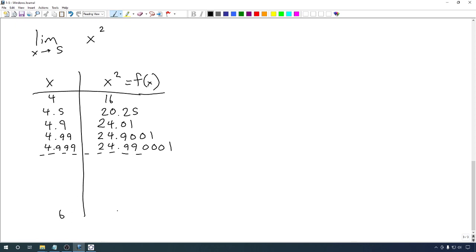Go to 6. If I square 6, I get 36. If I get a little bit closer, let's go to 5.5. Square that is 30.25. If I get a little bit closer, we'll go down to 5.1. The square of 5.1 is 26.01.